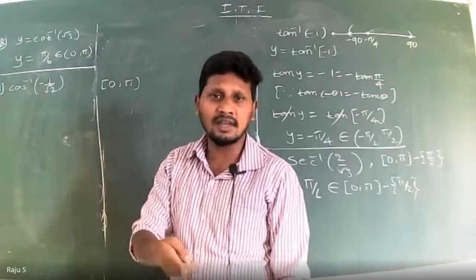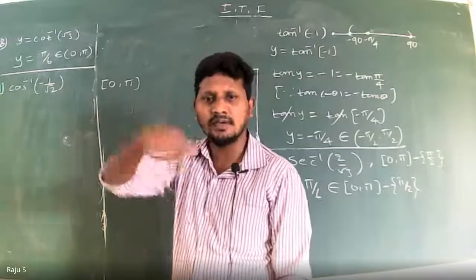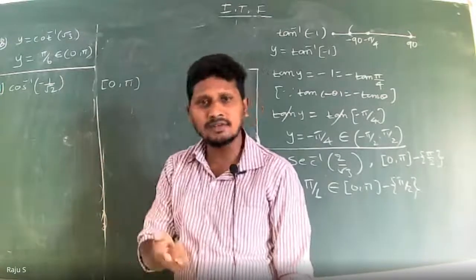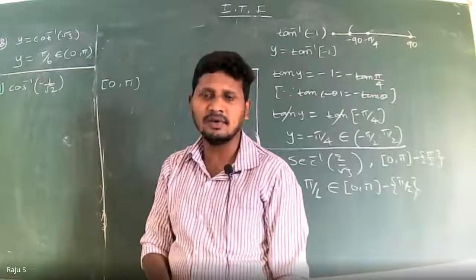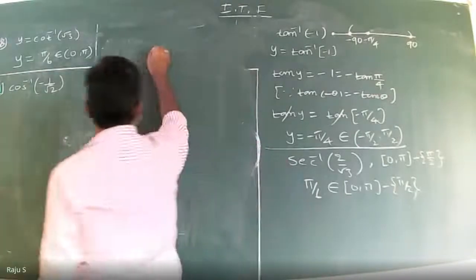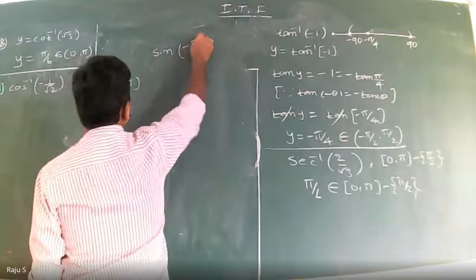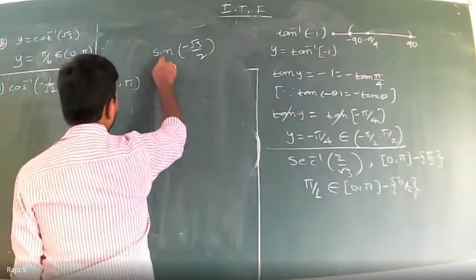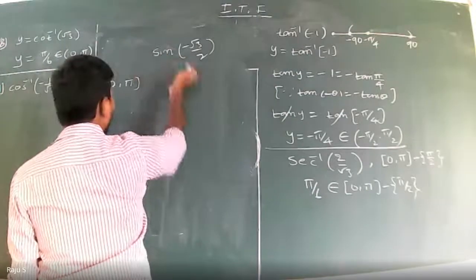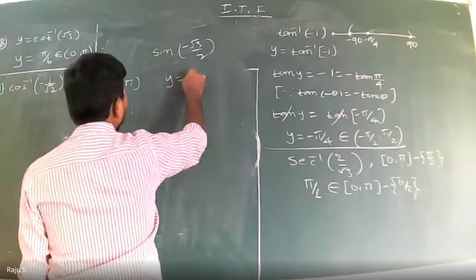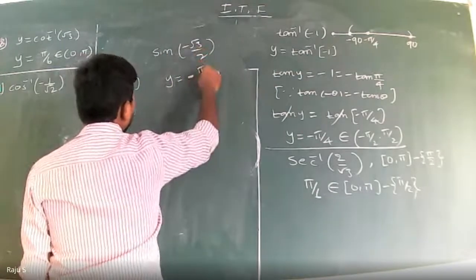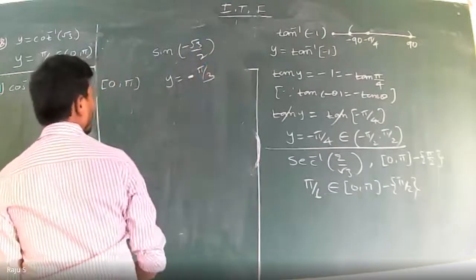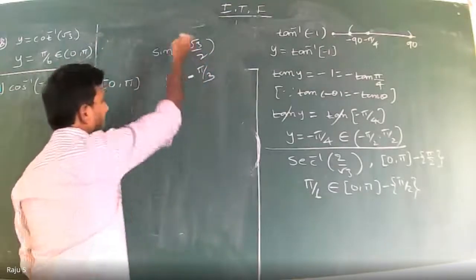If tan is negative, we get minus of that first quadrant value. If sine inverse is negative, for example sine inverse of minus root 3 by 2, sine is an odd function, so the answer is minus. Root 3 by 2 means 60, and sine minus 60 is minus root 3 by 2.